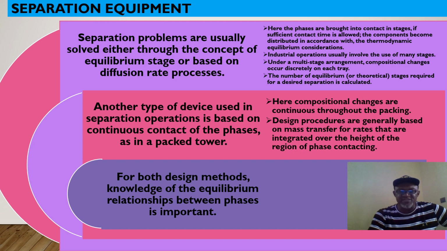Another type of device used in separation process is based on continuous contact of the phases, as in a packed column. If you've seen a packed column before, for instance, if you get something like a measuring cylinder, usually we use that to construct a column.